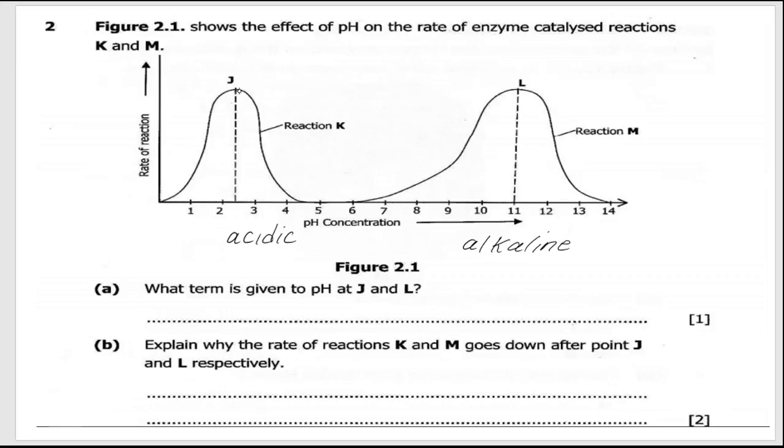So at J and L, the enzymes are working at their best. And in terms of pH, a point where the enzyme is working at its best, we call that the optimum pH.